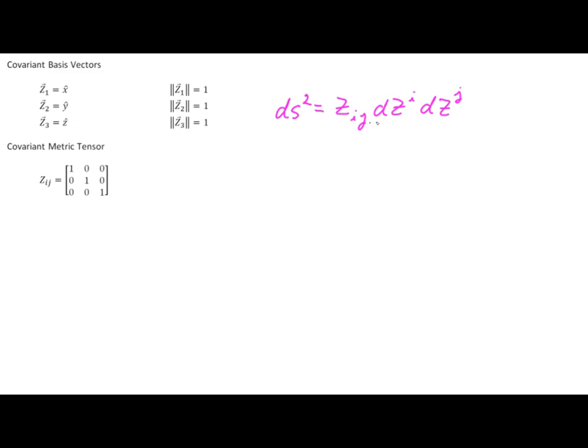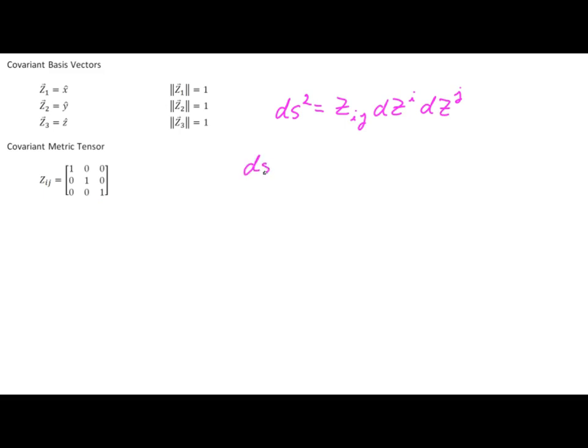We iterate through i and j, and we'll find an expansion of 9 individual terms. But we only need to consider the terms in which this factor of Zij is non-zero. And here we only have 3 terms that are non-zero. So out of the 9 terms, we only need to see 3 of them.